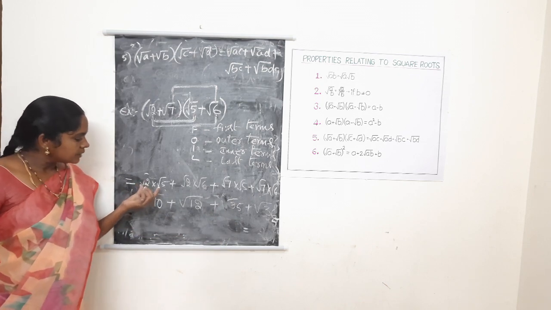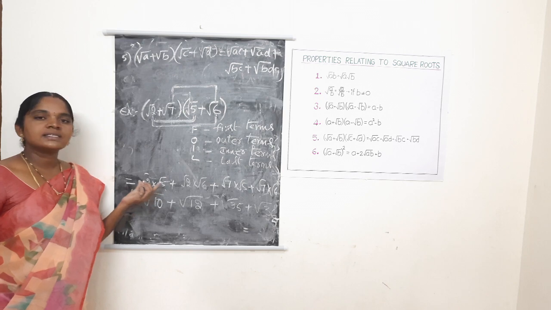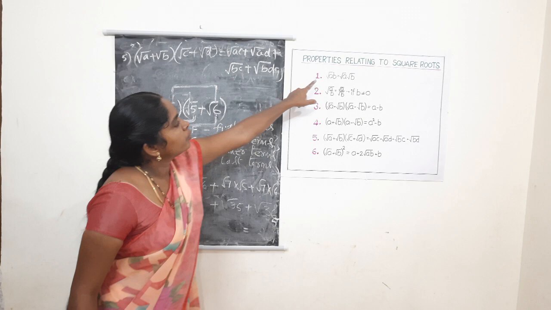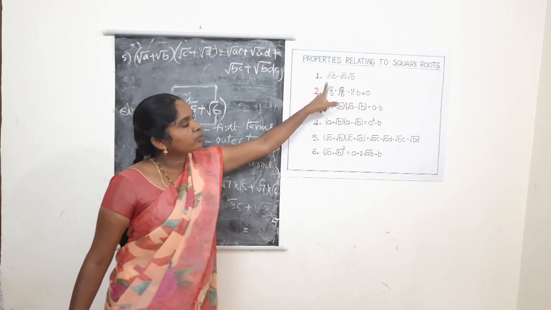This is in the first property: √a into √b is equal to √ab.